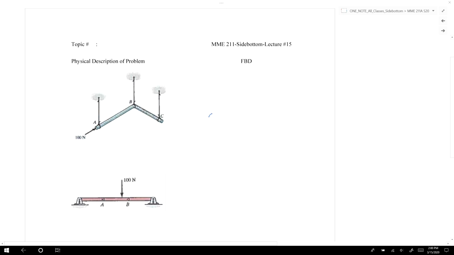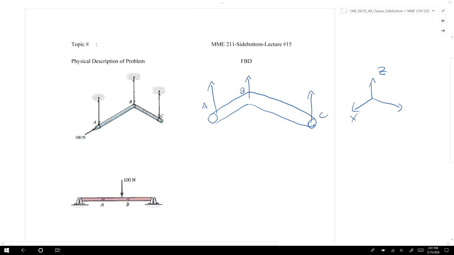All right. So in this case, you have a rigid body. I'll say it's in 3 dimensions, so we'll define our x, y, and z axes. It has 3 cables attached to it at point A, point B, and point C. They would each create a reaction force, which was labeled as TA, TB, and TC.